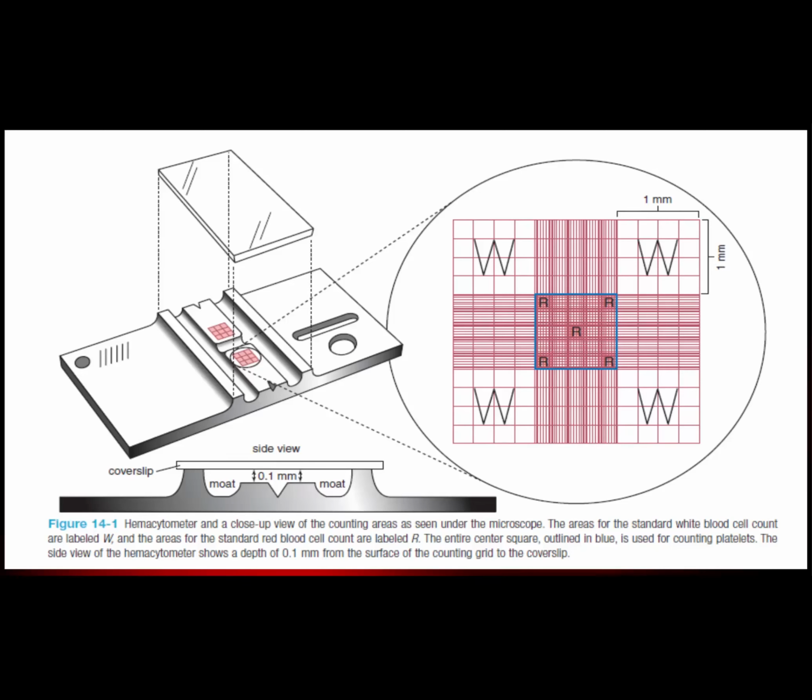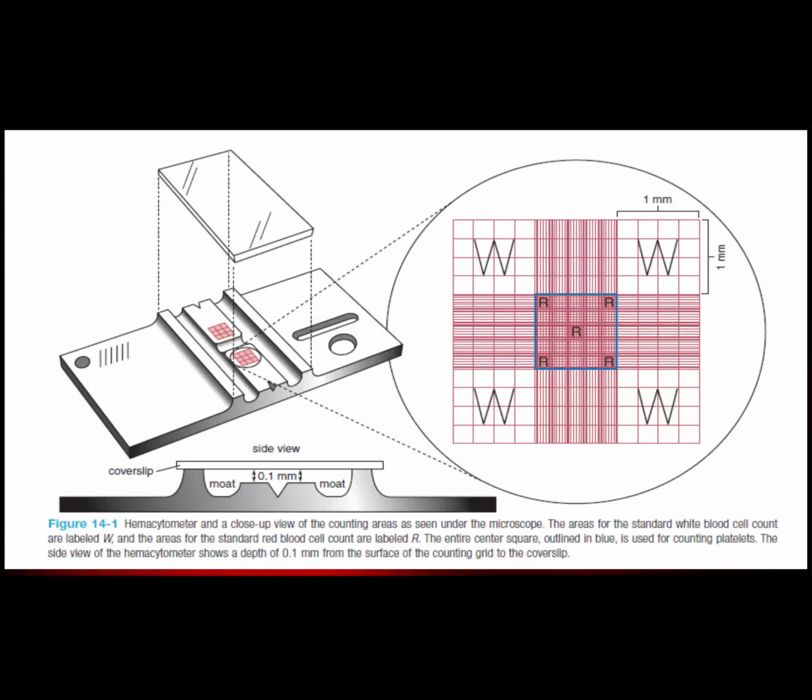As you can see, the hemocytometer is composed of two raised surfaces, each with a 3 mm by 3 mm square counting area or grid, with a total area of 9 mm squared. It is separated by what we call an H-shaped moat. It is made up of nine 1 millimeter by 1 millimeter squares.